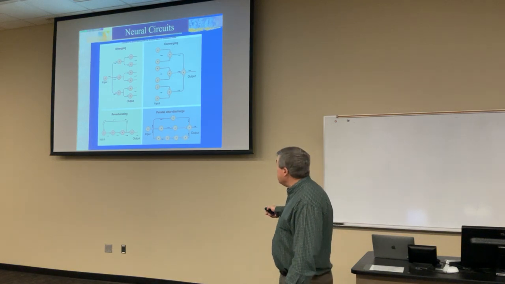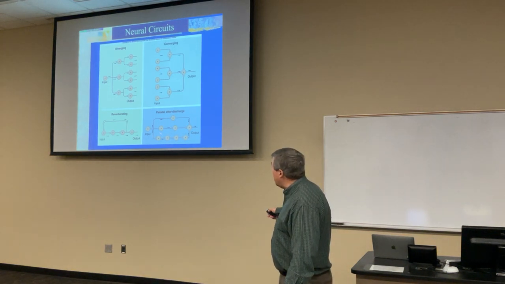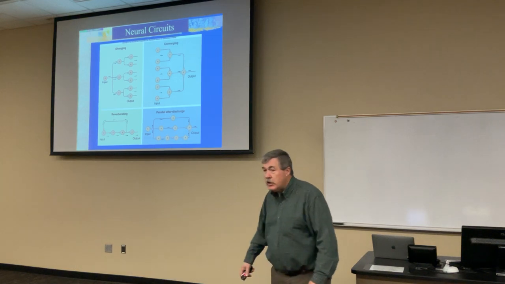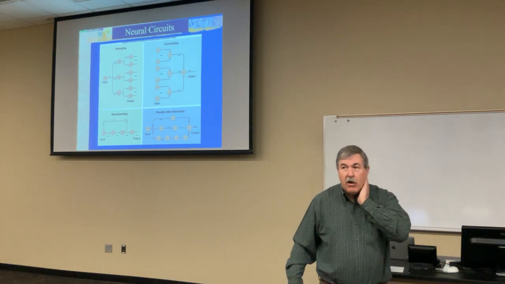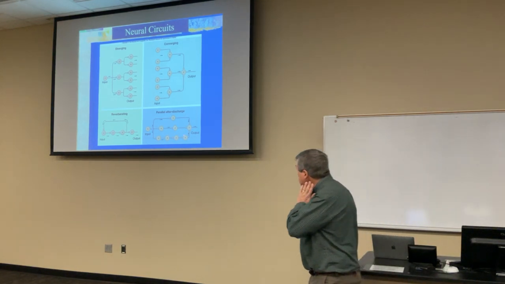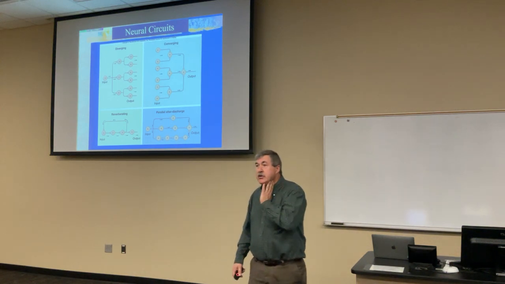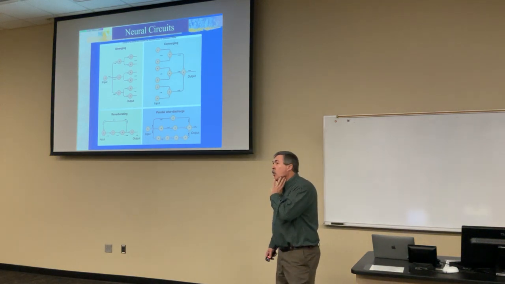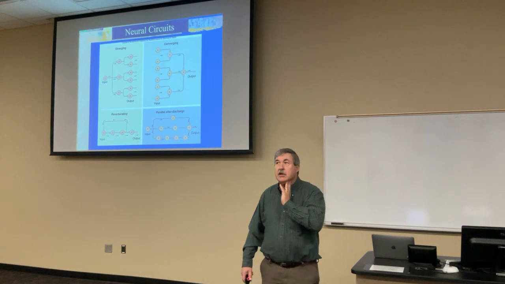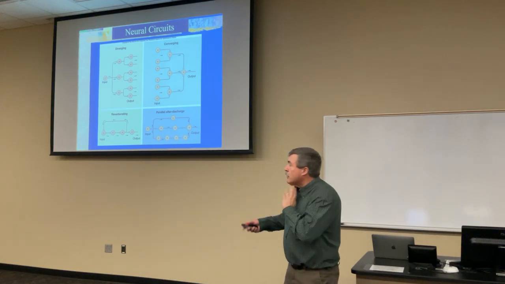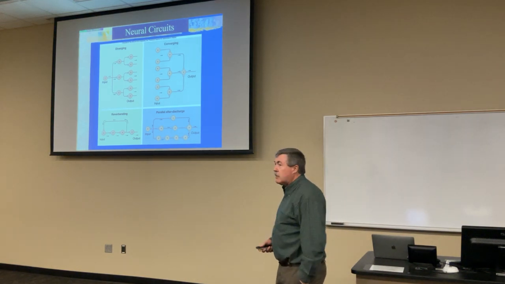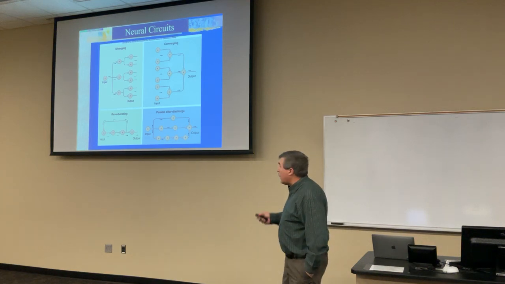Okay. And then another example is a parallel after discharge. Parallel after discharge can also produce a whole burst of action potentials, but that whole burst of action potentials can't continue for as long, because there's no feedback loop in a parallel after discharge.